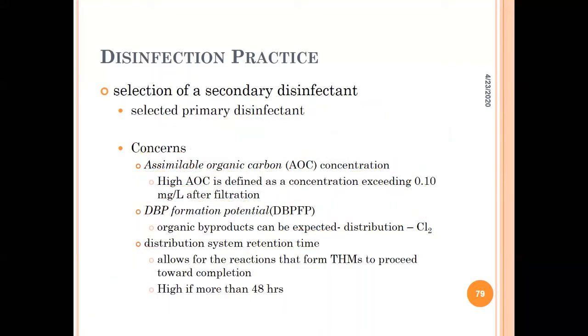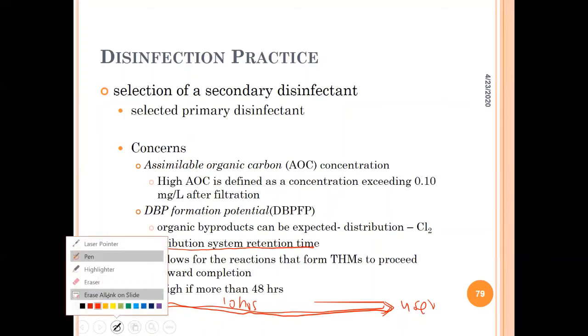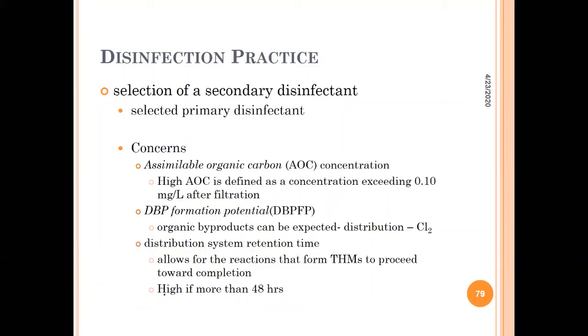Another important thing is the distribution system retention time. If you have added secondary disinfection, how long does it take to reach the user? If it is, say, 10 hours, maybe organic compound is still there. When the time is so short, the disinfection byproduct might not be formed. But if it is too long, the disinfection byproduct formation is higher.